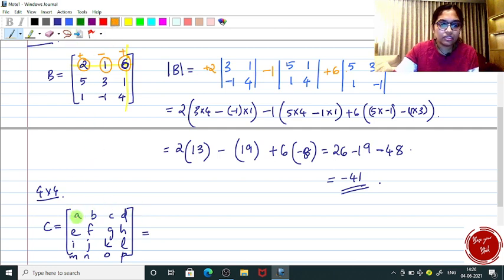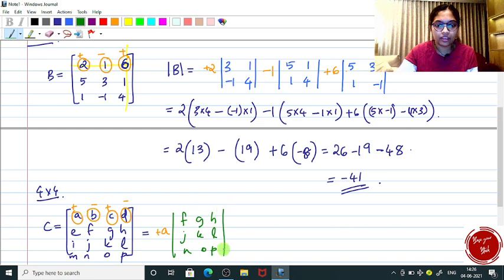Now, for the first number you have to have positive, for this negative, positive, negative. Now, positive A into, write down the remaining submatrix. This time the submatrix is of order 3. F, G, H, J, K, L, N, O, P.